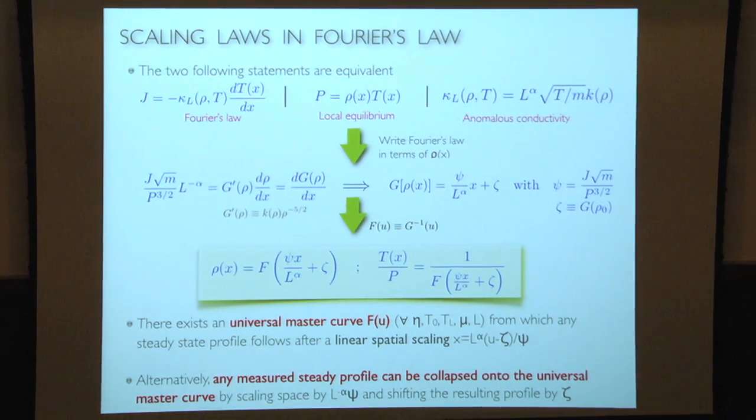In particular, any measured steady state profile should be collapsed into a universal master curve by scaling space by the reduced current that I measure in my simulation and shifting the profile by a given constant in the x direction. You will see how it works later on. So this is an equivalence. If I see this in my experiment, these three equations should hold exactly.